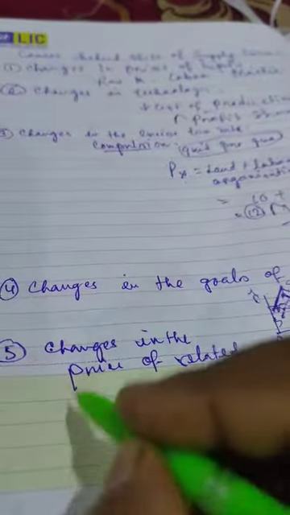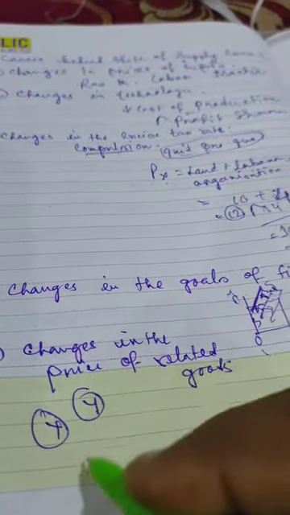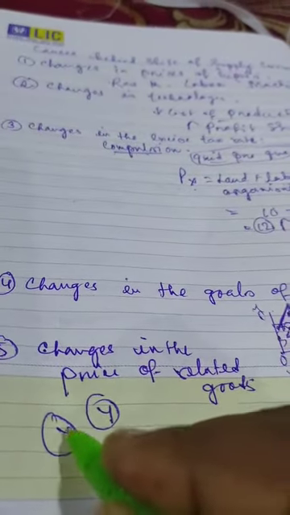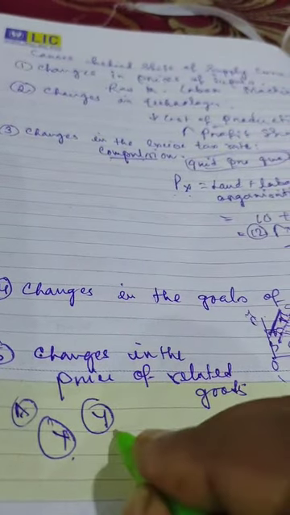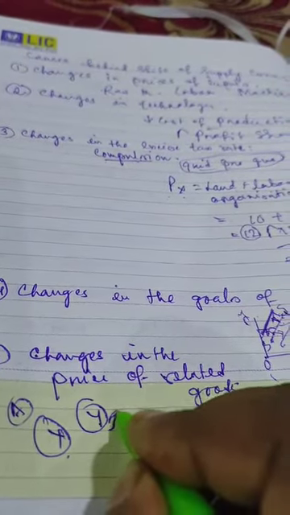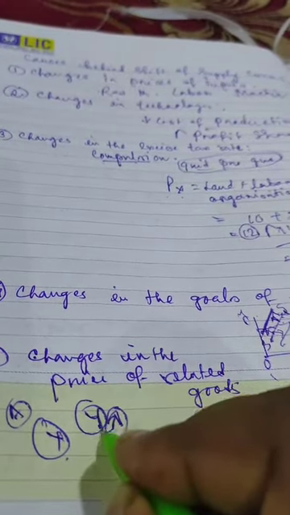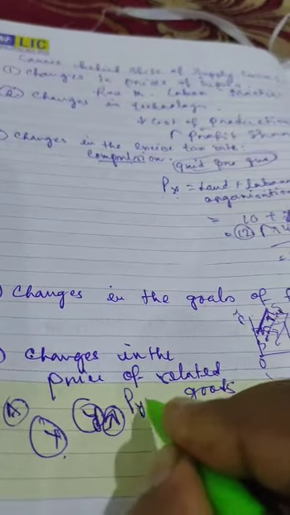So X and Y are actually related goods, and these goods are supplied by the same producer A. Suppose the profit share of the producer may increase if he produces more units of Y commodity, because the price of Y commodity increases in the market.